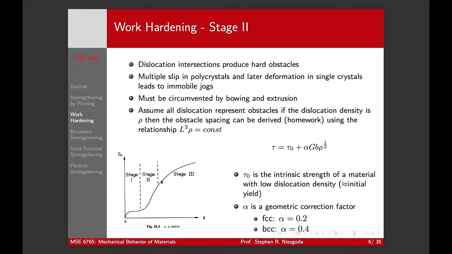So in a single crystal FCC, here we have dislocations that are growing, but basically they're all parallel. Stage 2, now we're activating multiple slip, we're getting dislocation interactions, and our dislocation substructure is evolving.